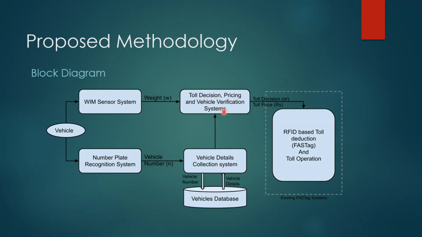That is also taken care of in the decision and pricing systems. Finally, the output of this system is given to the RFID FASTag systems. That would be the toll decision, either to allow the vehicle or not, and if the vehicle is allowed, the toll price is calculated based on the weight and passed as input to the FASTag system.